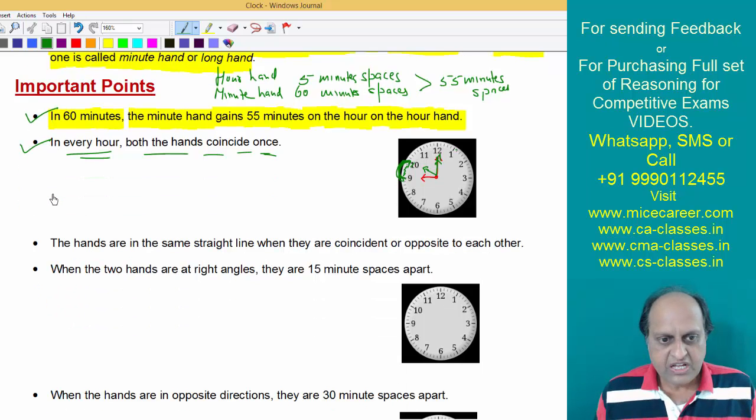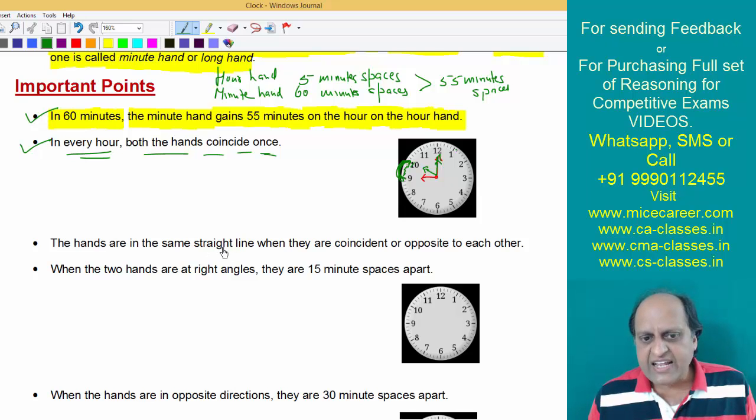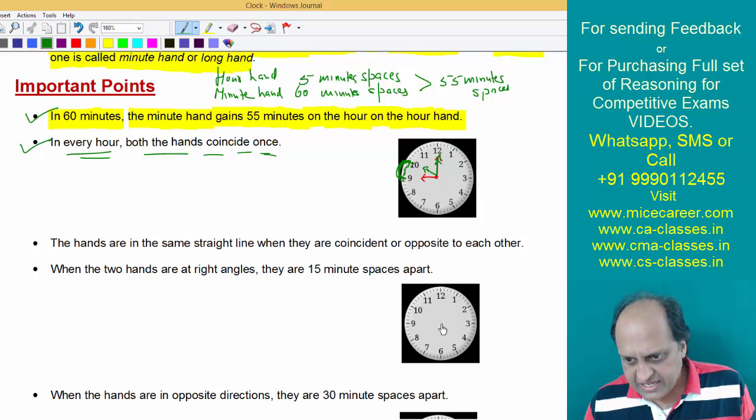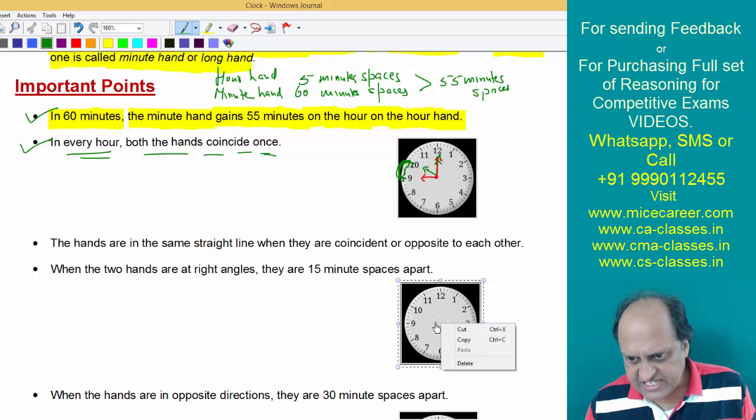Now, the hands are in the same straight line when they are coincident or opposite to each other. This means, when are they in a straight line?